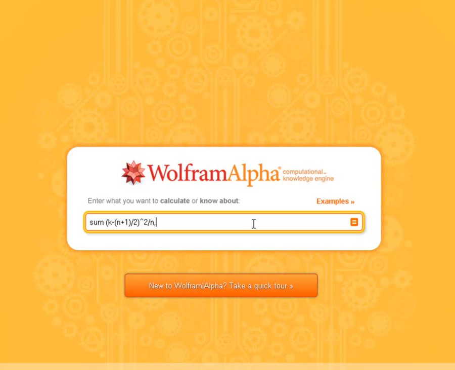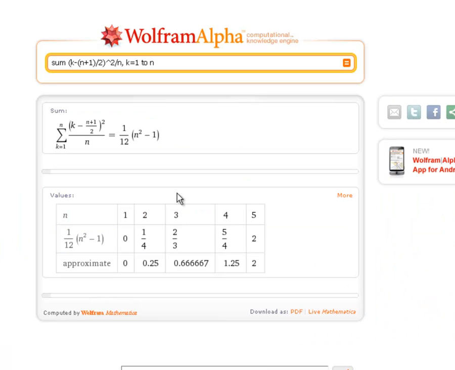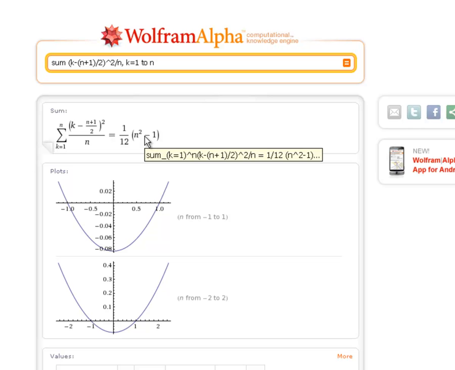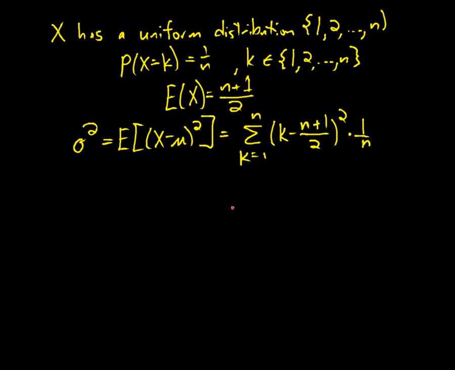I'll just divide by n, and I'm going from k equals 1 to n. And we press enter, and Wolfram Alpha simplifies this down to 1/12 times (n squared minus 1). So when we go back to the blackboard, we'll see that this is just (n squared minus 1) over 12. Okay, and that is the variance.